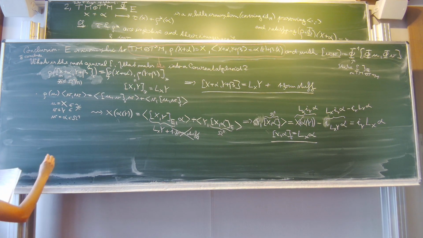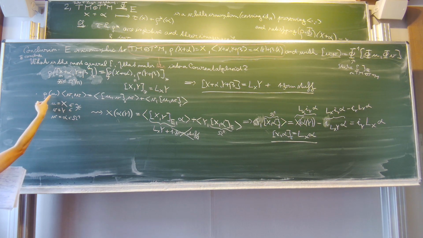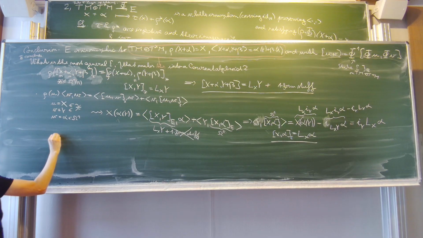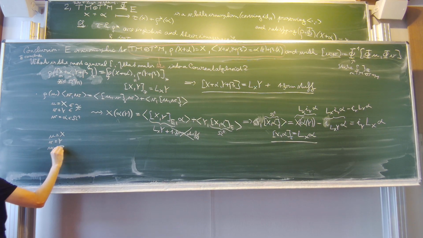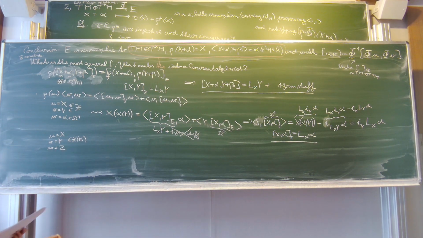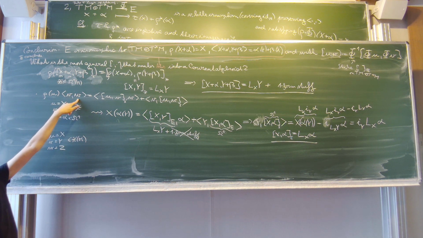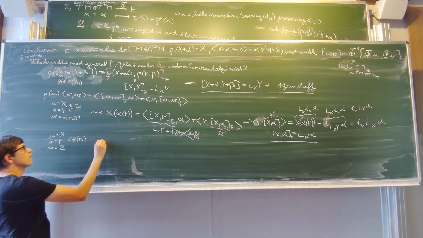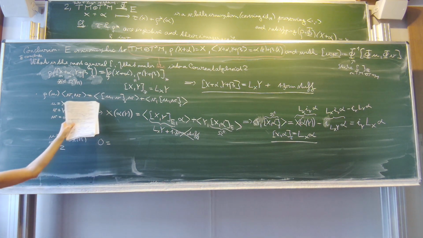Oh yeah, maybe I should have said this other one as well. Right. So now let's take the same thing, but let's take all of them to be vectors. All of these are vector fields. And let's look at this axiom. If all of them are vector fields, it means that a vector field paired with a vector field is 0. So the left hand side is 0. And what is the right hand side?